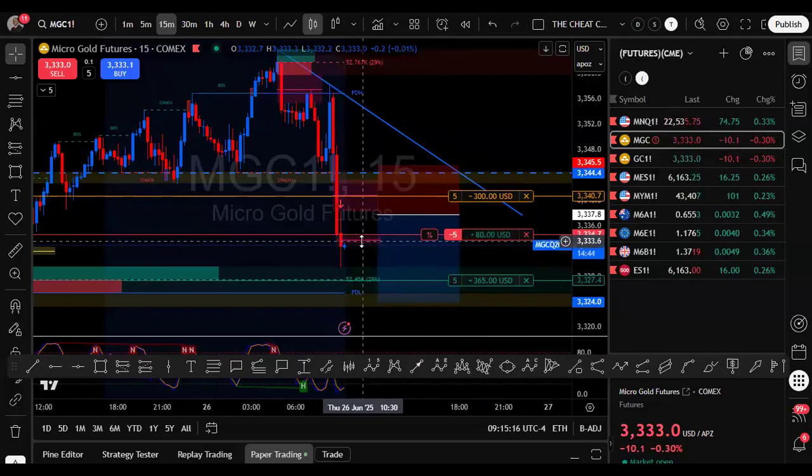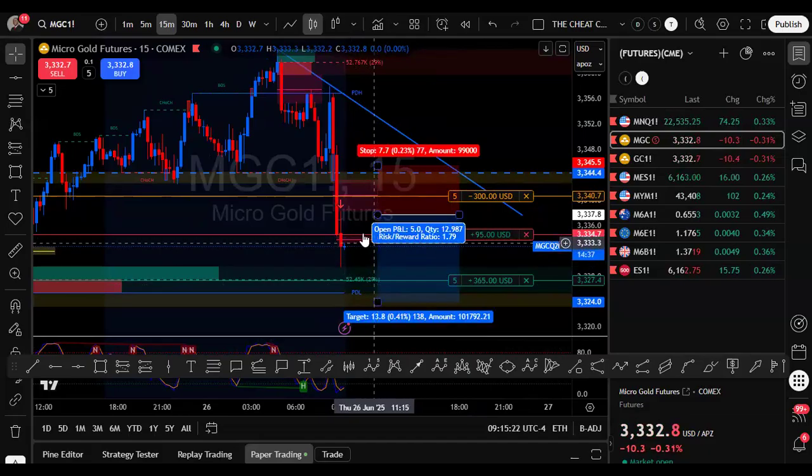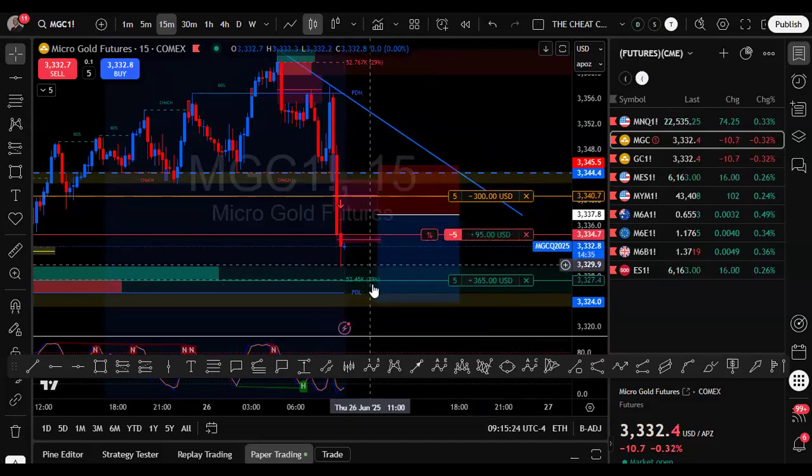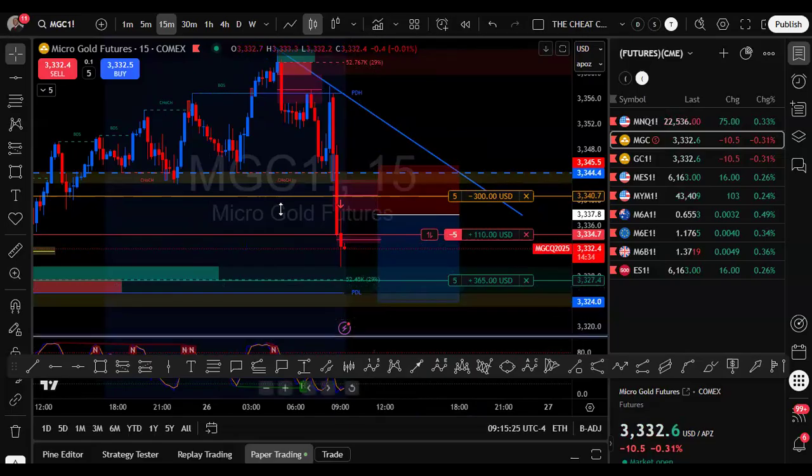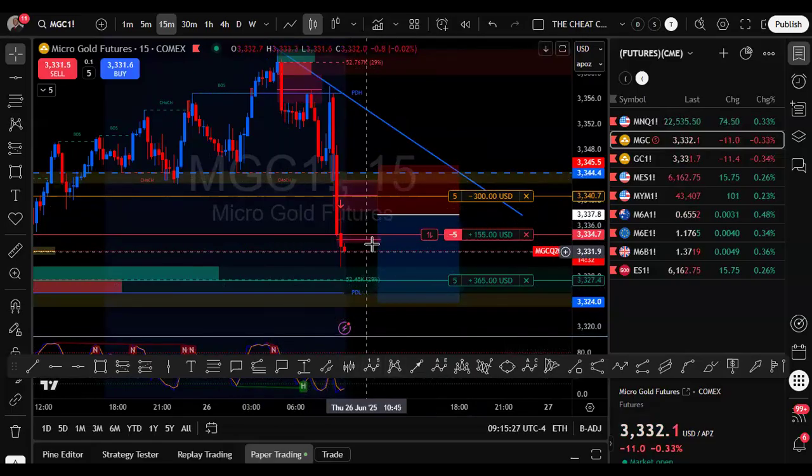We got another price strength signal here. So price is probably going to be ready to go down further and hit this target. So yeah, this is good here.